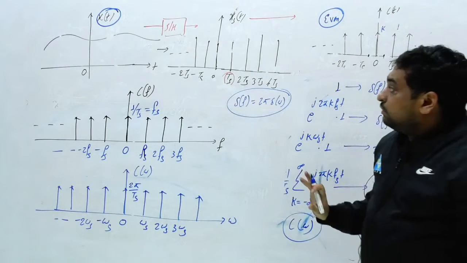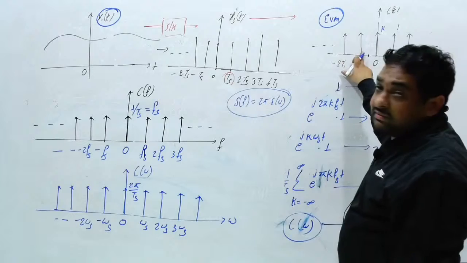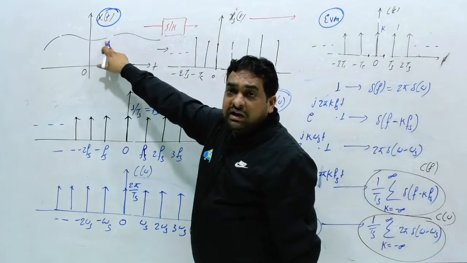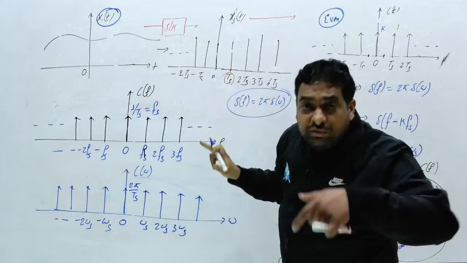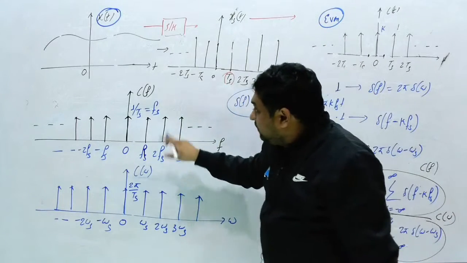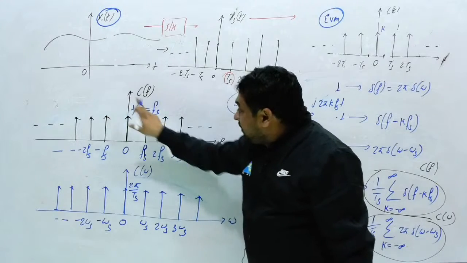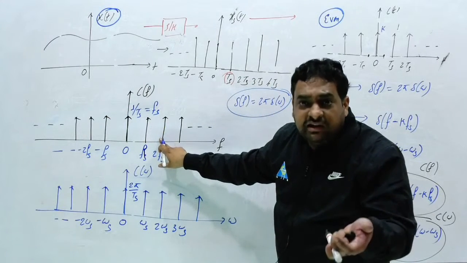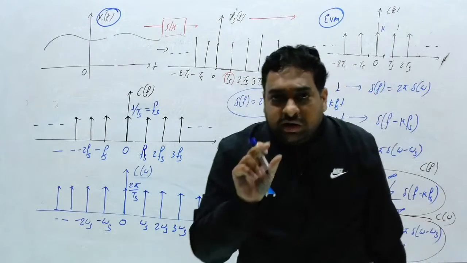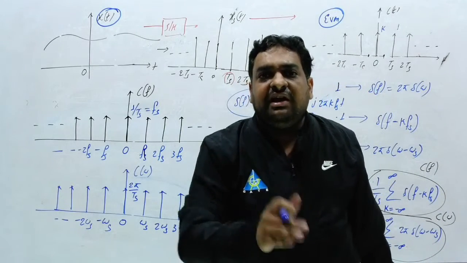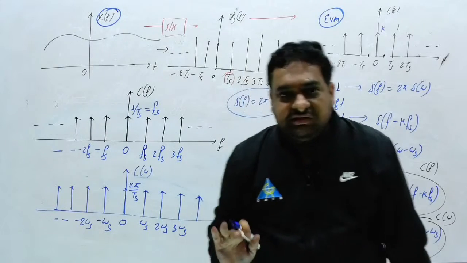Impulse train. Clear? So we have found the Fourier transform of this, and already we have the Fourier transform of this, and then both Fourier transforms will be convolved. Now I ask you, is convolution of this Fourier transform with this possible? Yes, easily possible, because you already know convolution with an impulse is again the same signal.